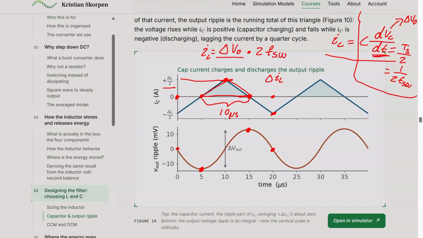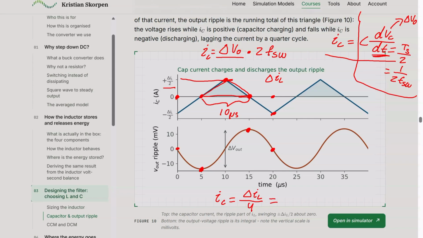So therefore, we know that the capacitor current, now this becomes a bit messy, where we can continue down here. The capacitor current is equal to the ripple of the current divided by 4, because the amplitude is half of the ripple, while the average current is half of that again. So then it becomes the ripple divided by 4.